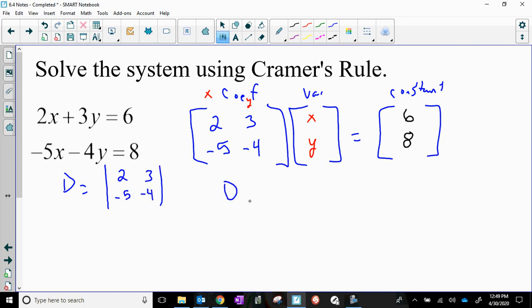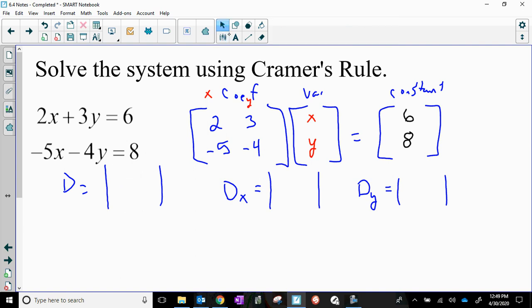And we're going to have our dx and our dy. Okay, hold on. So what I'm going to do is take the coefficient matrix and set it up for my D matrix here.